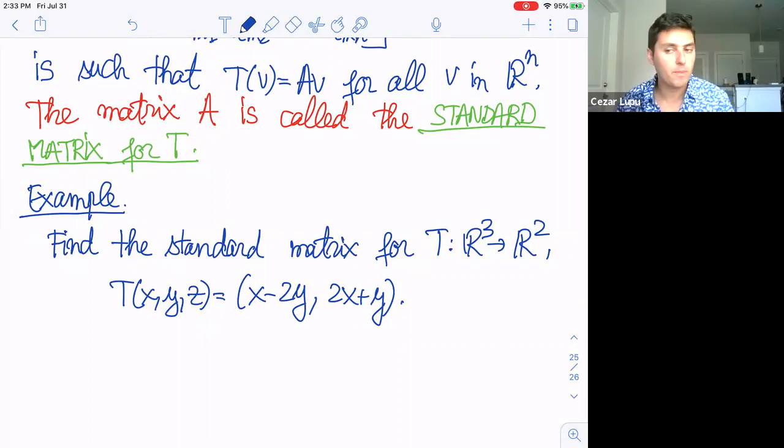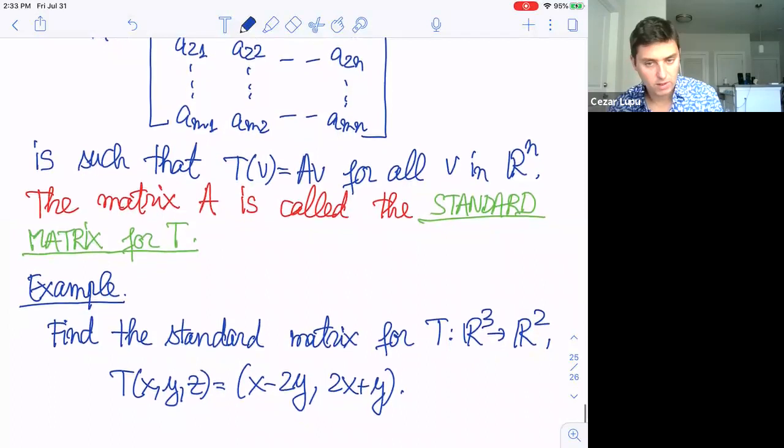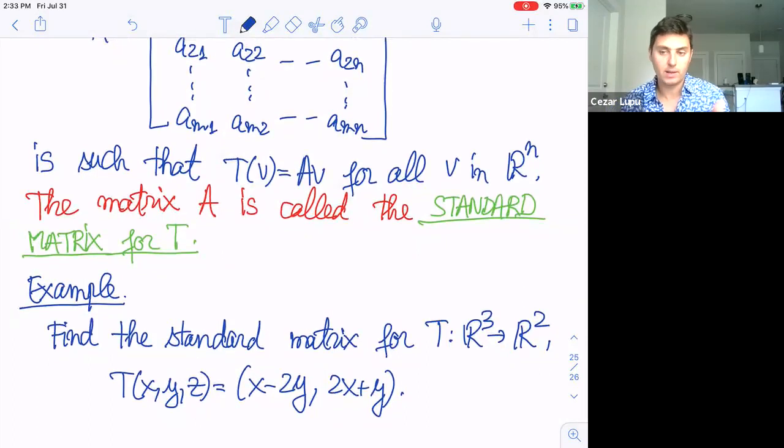So how should we approach this? Well, the only thing that comes to mind would be, okay, let's see. So I have a linear transformation from R3 to R2. It takes a vector in R3 and sends it to a vector in R2 through this map here, T of x, y, z. And now I want to write the standard matrix for this linear transformation. So what should I do?